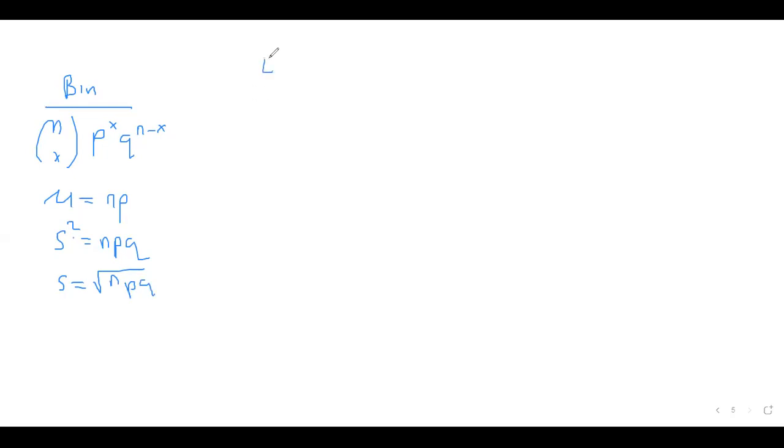So I'll give you an example. Let's say, suppose your n is 6, your probability is 20%. Find A, the probability of x is equal to 0, 1, 2, and 3.